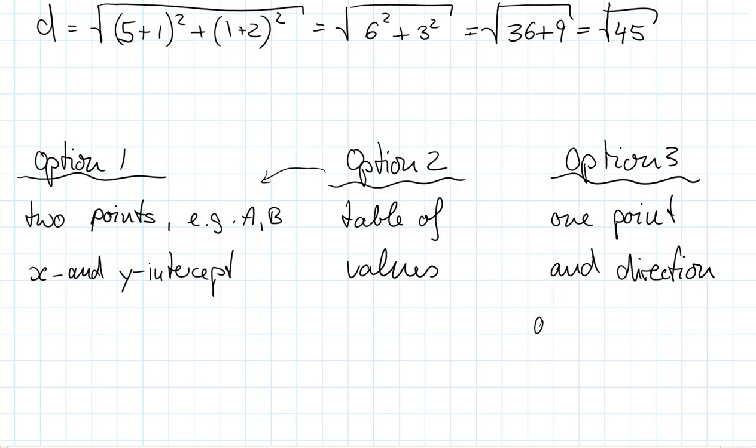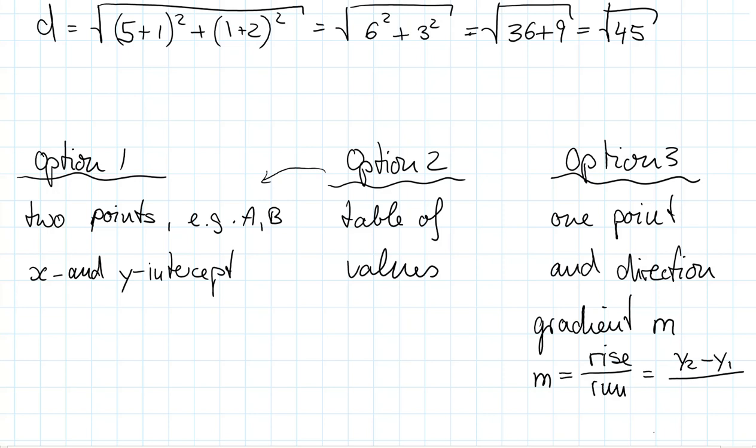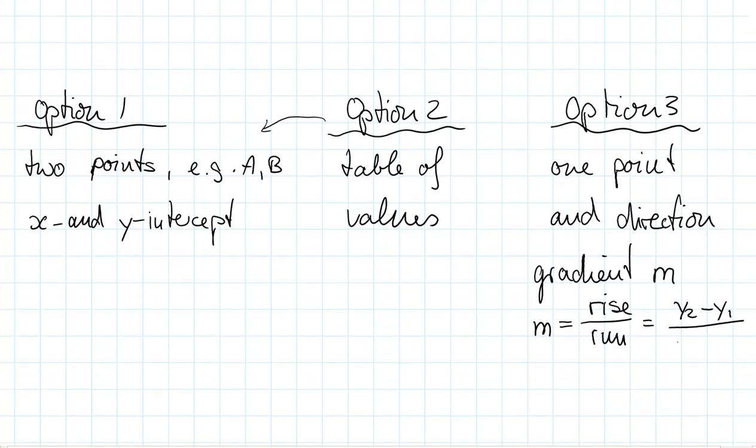We remember that one, the gradient, m, and the gradient is rise over run, which means we take the difference in y values, because that's the rise, remember, up or down, over the difference in x values.